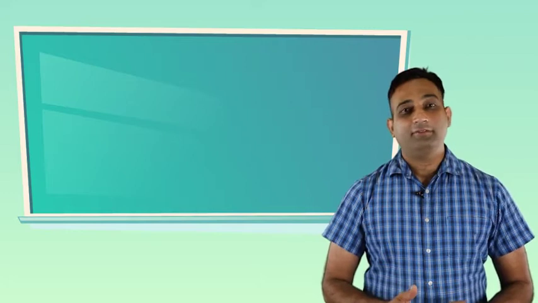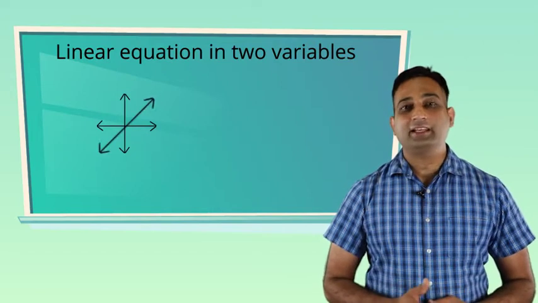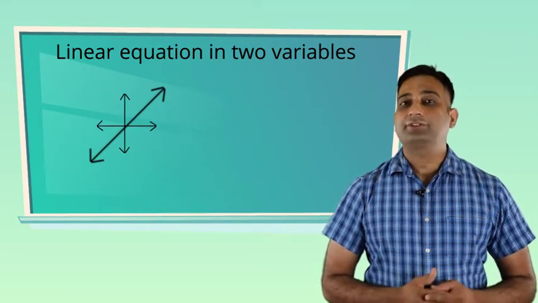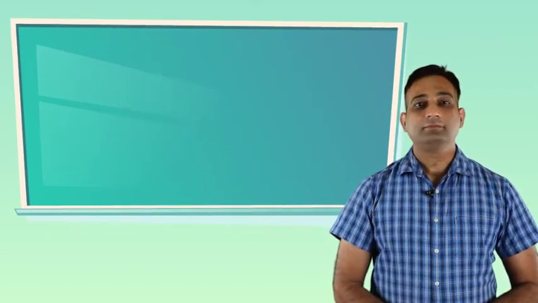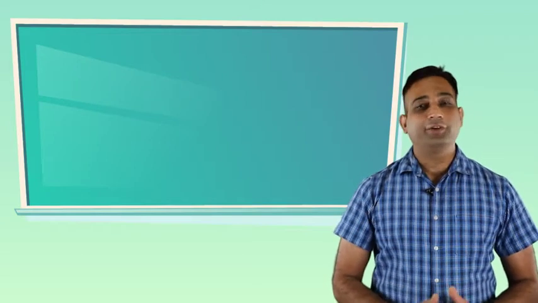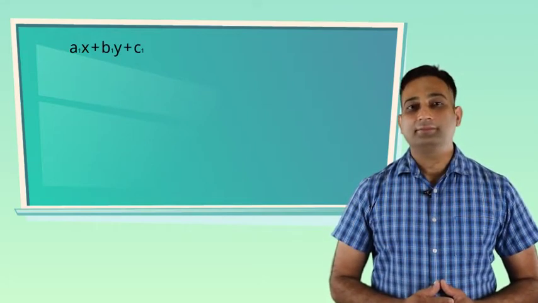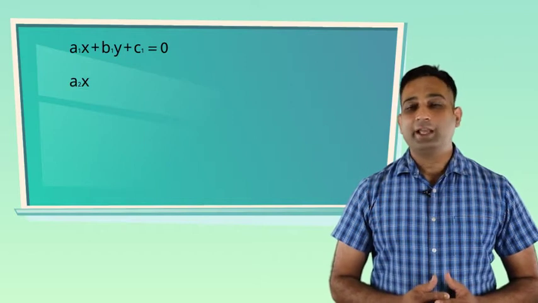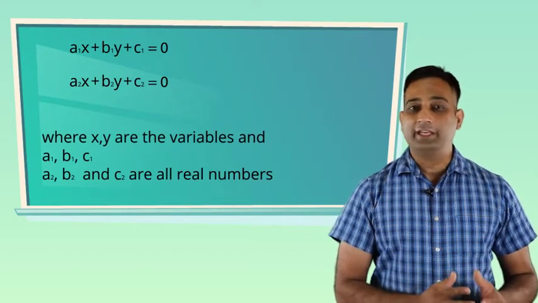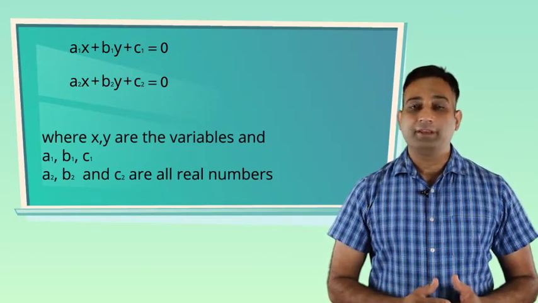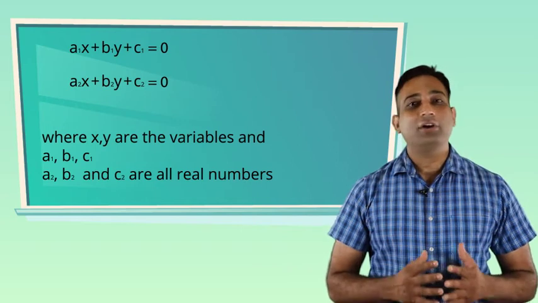Dear students, we have learned in the previous classes that a linear equation in two variables represents a straight line, and the solutions of this equation are the points on that straight line. The pair of linear equations in two variables is represented by a1x plus b1y plus c1 equals 0 and a2x plus b2y plus c2 equals 0, where x and y are the variables and a1, b1, c1, a2, b2 and c2 are all real numbers.